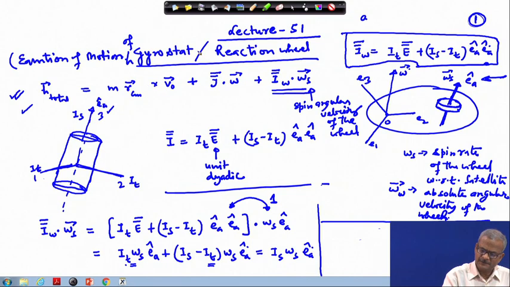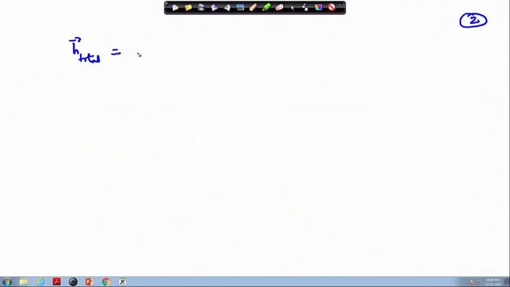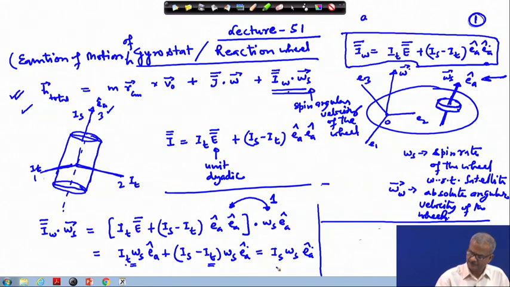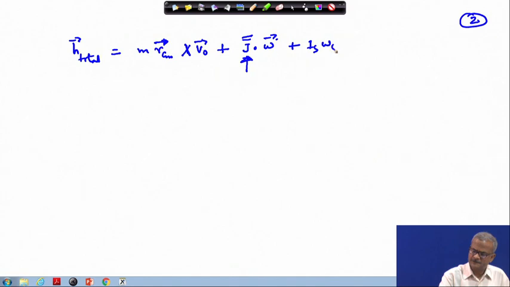H total is m R CM cross V 0, where m is the total mass and R CM is the center of mass of the whole system, plus J double bar. This is the combined moment of inertia, J 1, this particular part, and the other part can be reduced using this, I s times omega s times E a cap.